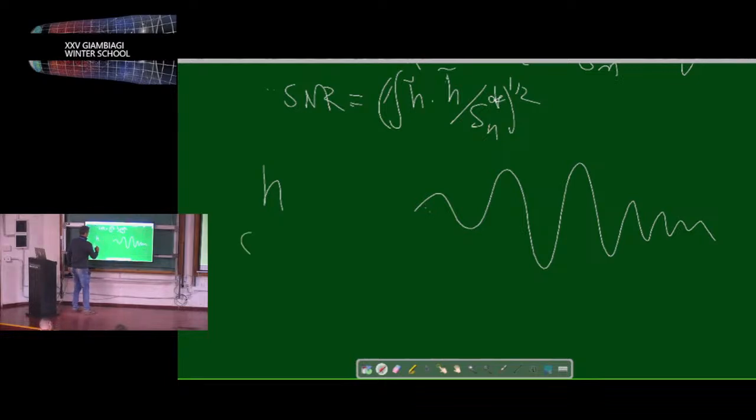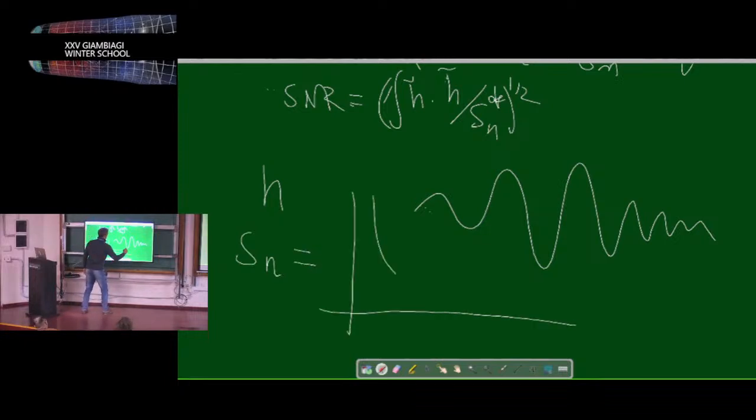And by the way, what you usually get in the picture is the spectral noise density, because as I demonstrated, this is the meaningful thing to quantify the performance of your detector. It is the spectral noise density as a function of the frequency.